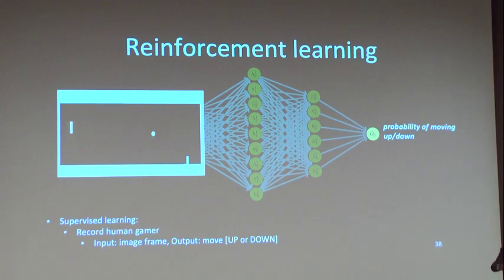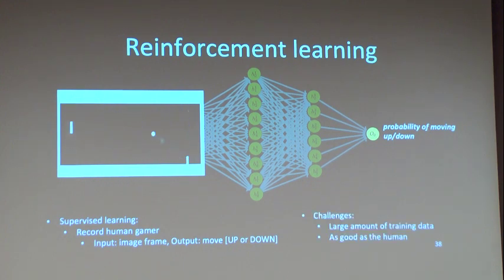So we record a lot of these images and give this to a supervised learning approach. And what you get as a result is a system that, given an image, can learn to move up or down. Okay, so that's the supervised learning approach.